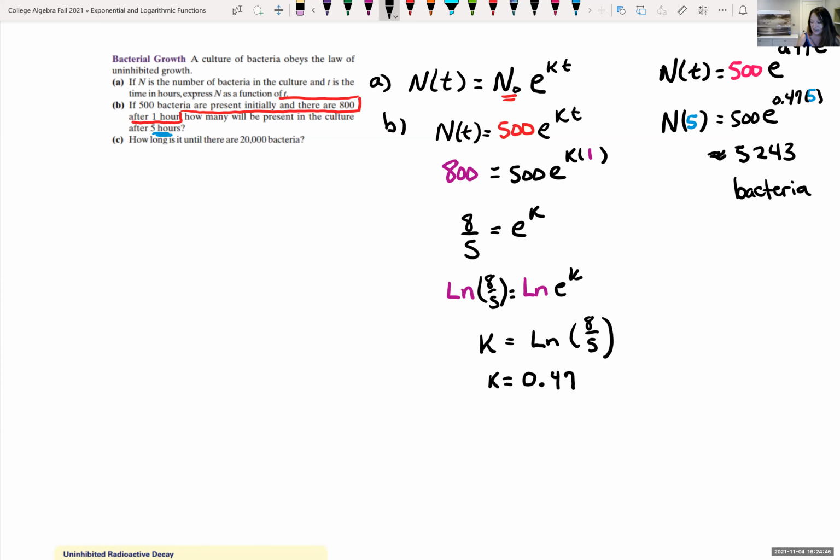Yeah, it's kind of good to think about your answers and whether they make sense. So let's go back to that part B, that first part about that 0.47. That's saying that my growth rate is about 47%, and this is per hour. And it grew from 500 to 800. And so I know that 1,000 is going to be 50%.